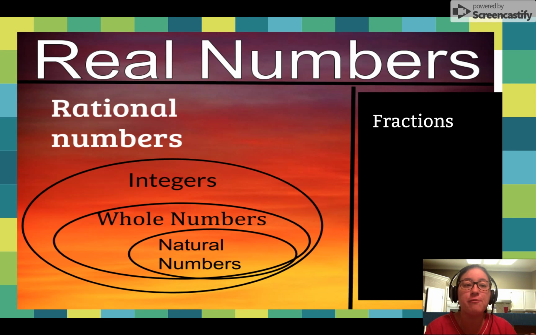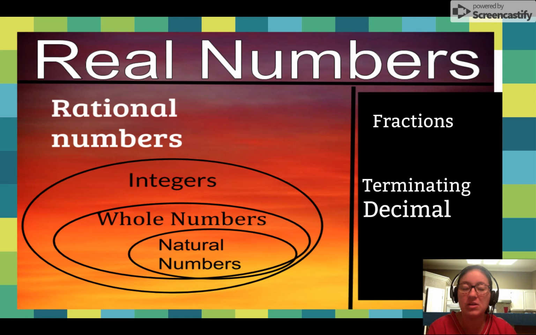Then any fraction can also be changed into decimal form. And if it is a fraction, there's two different kinds of decimals it might be. It might be a terminating decimal. These are our decimals that have maybe 1 digit, 2 digits, 3 digits, but they stop at a certain point, like 0.5 or 0.32 or 0.125.